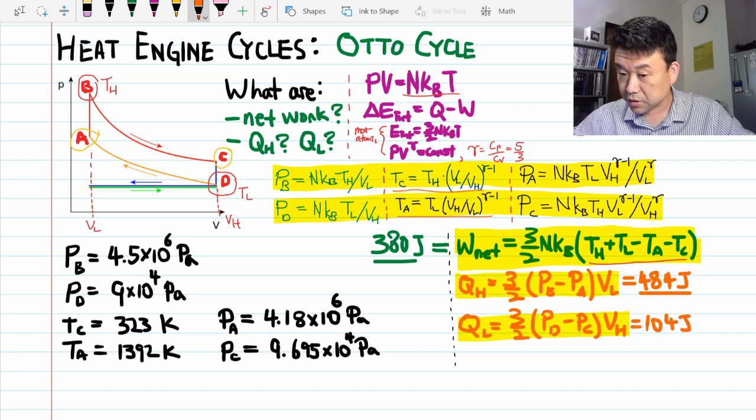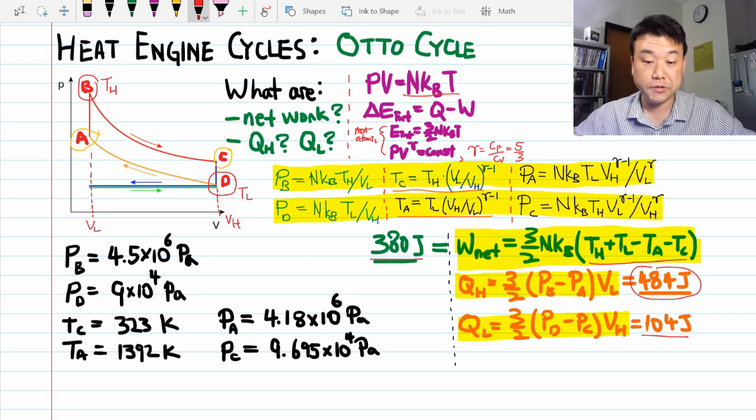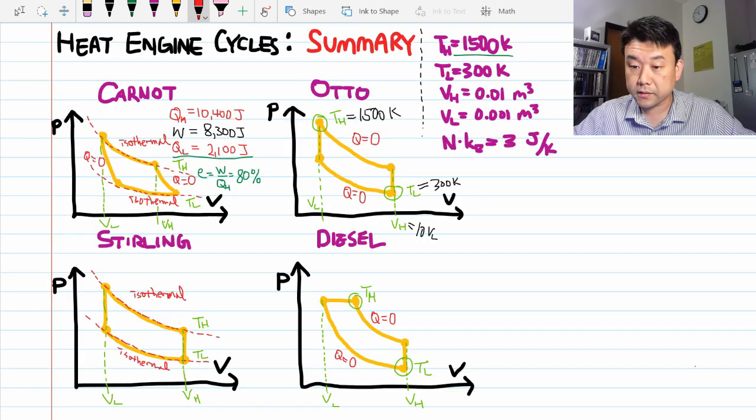Alright, and they all seem to check out. When you add QL to the work done, you do get the heat input to the system. Let me copy this over to the summary page. So for the Otto cycle, QH is 484 joules. The work done is 380 joules.